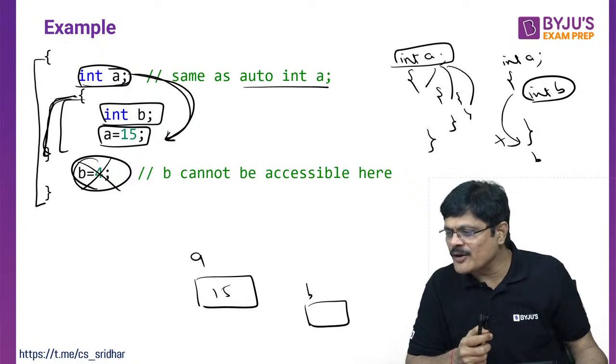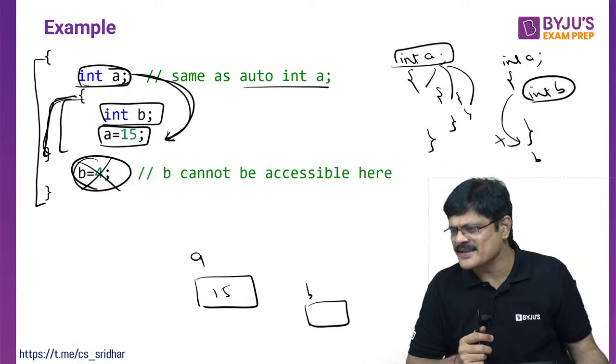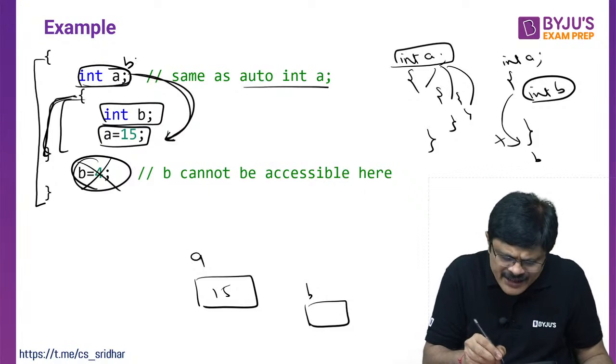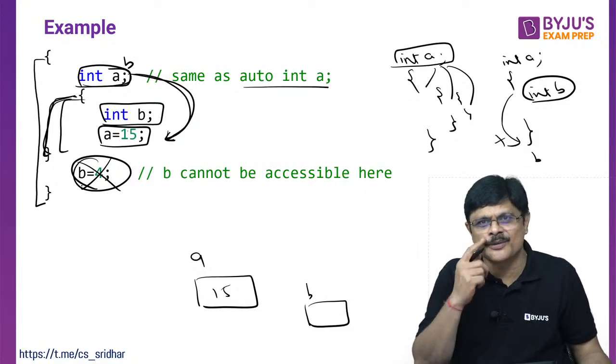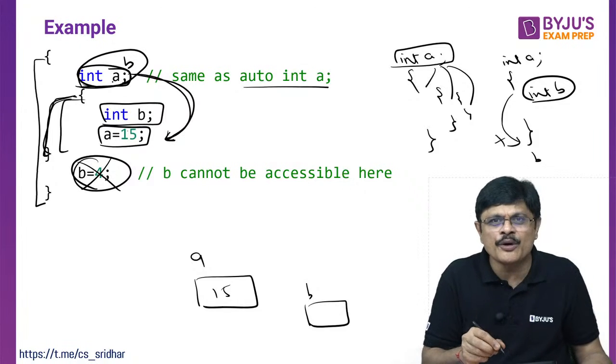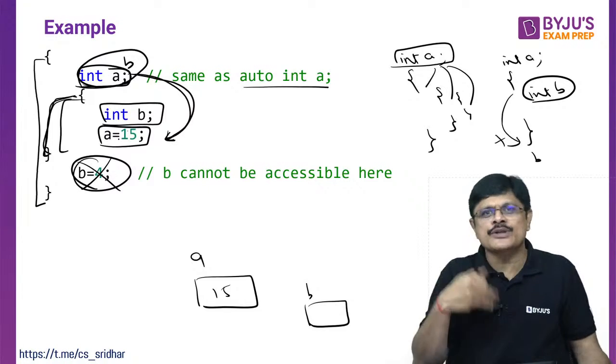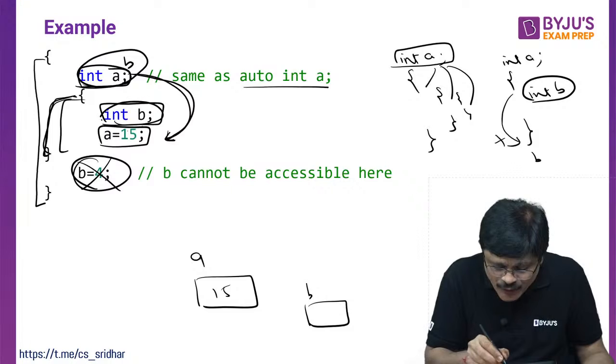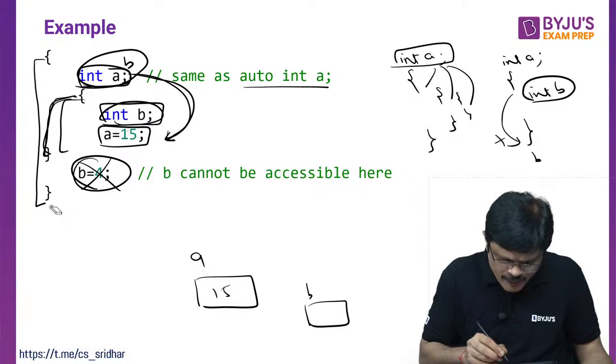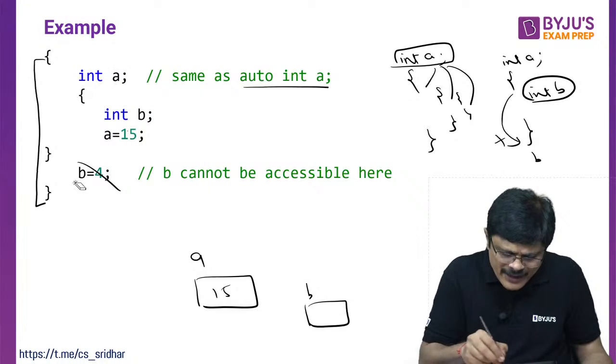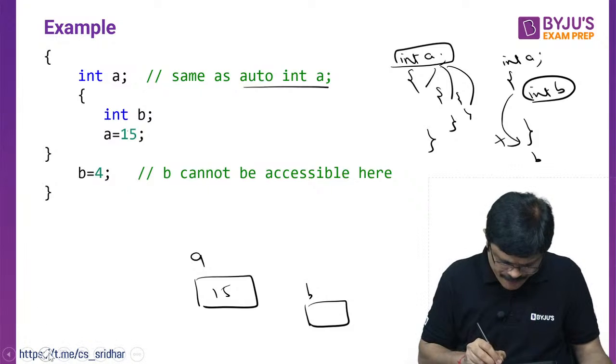If we declare B outside the function, can we access it? Yes. If B is here, then you can access it here and here also. But if B is inside, it is not visible outside the block.